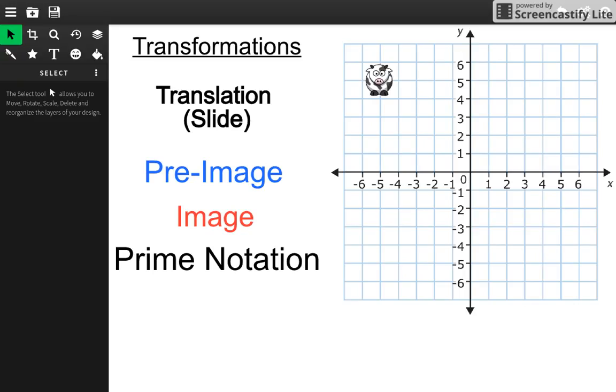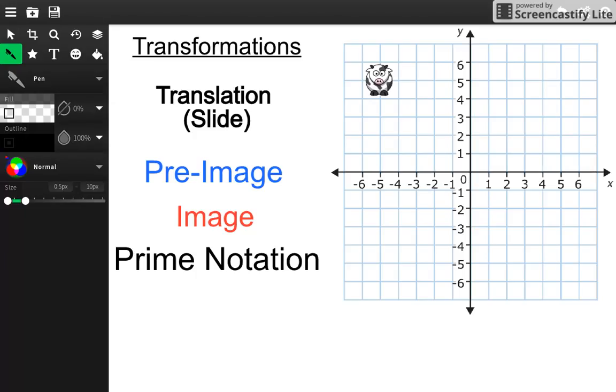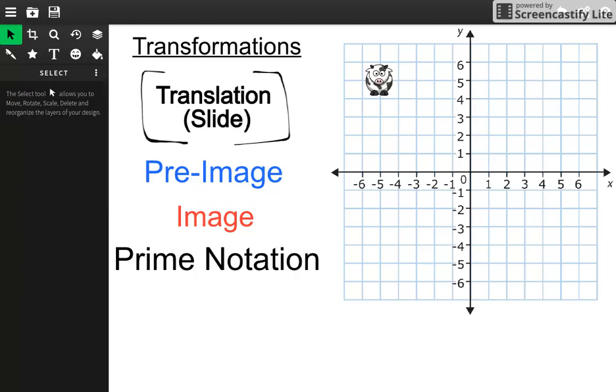Makes sense. I went ahead and put a cow there because the transformation that I'm going to be talking about is a translation. Translation is also code for what the word is slide. If you need a practical example of when this would be used, this is why I had the cow.